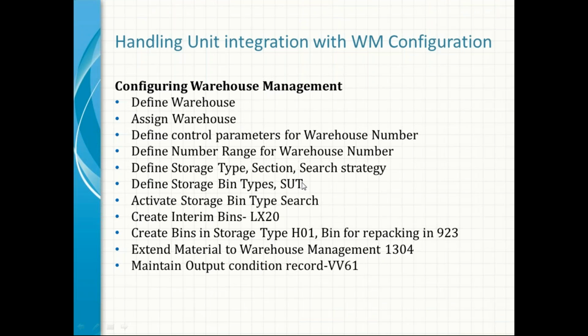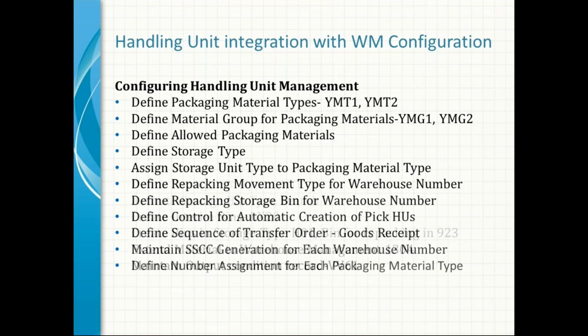Now we will look at the configuration for the handling unit management. For the configuration for handling unit management: define packaging material types YMT1 and YMT2, define material group for packaging materials YMG1 and YMG2, define allowed packing materials. These three we already maintained during part 2 of the handling unit management demo.